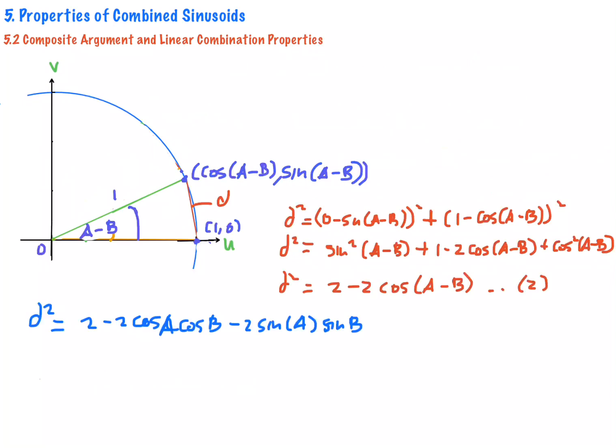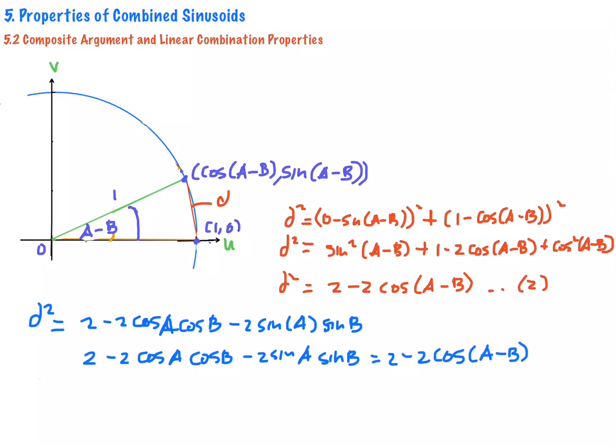So I put it again over here, and since the d is the same, it doesn't change, I can equate d squared with d squared, and then I'll get 2 minus 2 cos A cos B minus 2 sin A sin B equal to 2 minus 2 cos(A minus B).